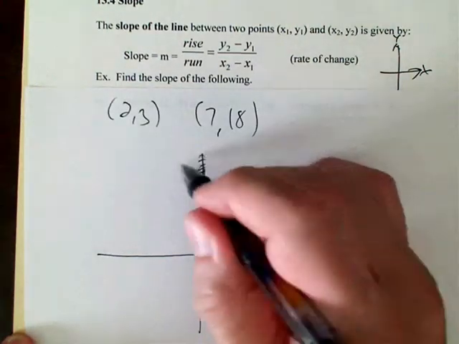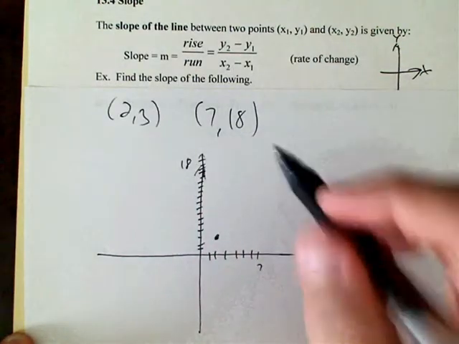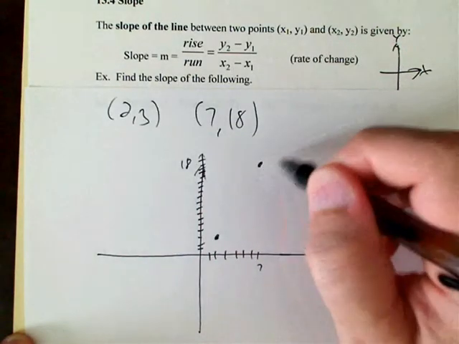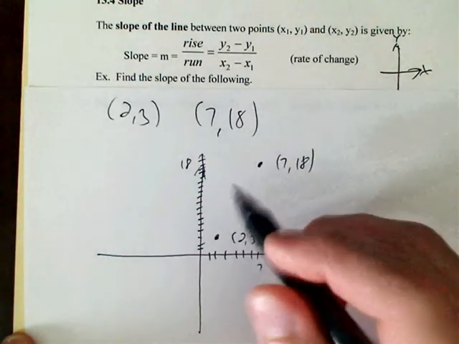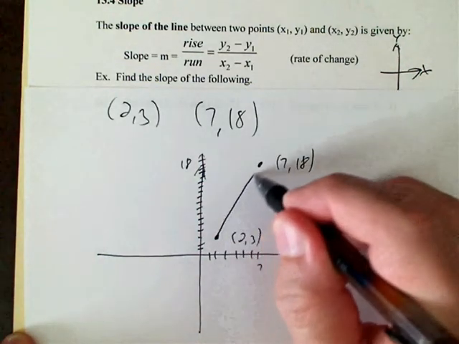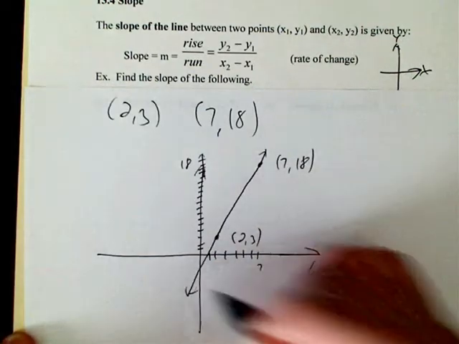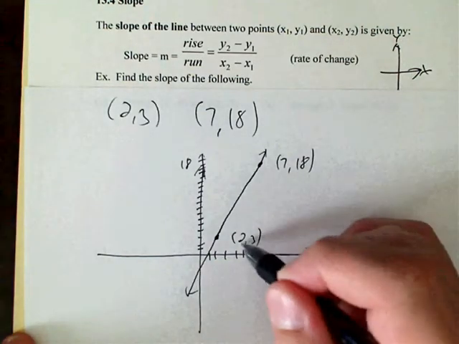And then 18 will be about right there, 7 will be about right there. So we'll call that (7, 18), and this is (2, 3). Now we're going to connect the dots. And we're going to show you where this formula comes from.